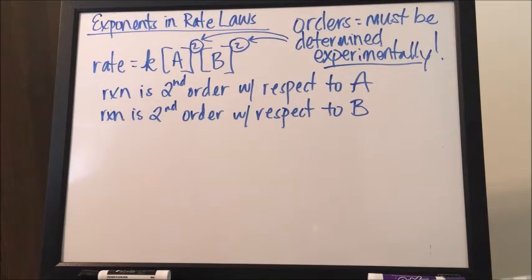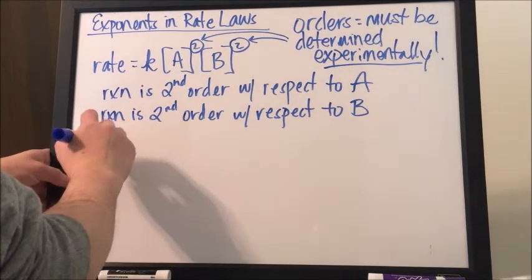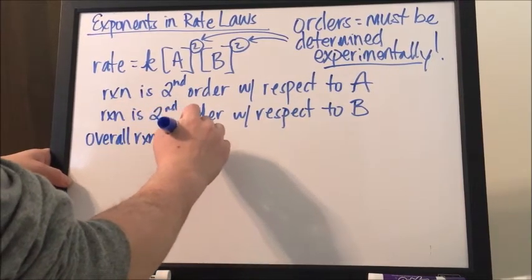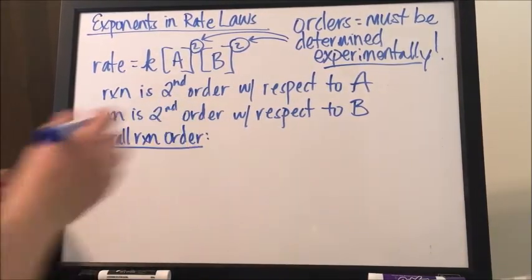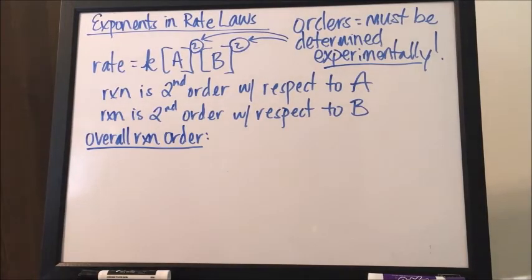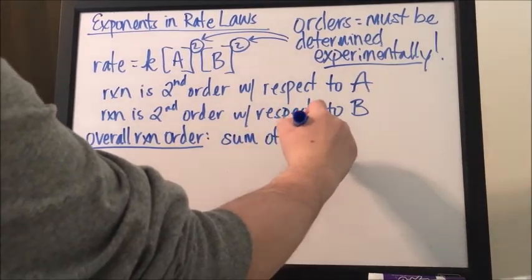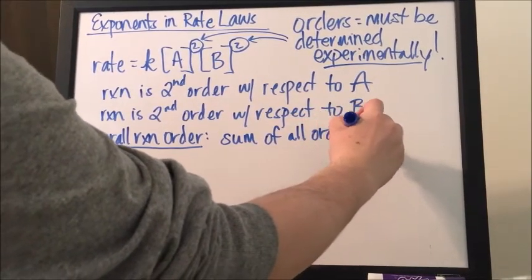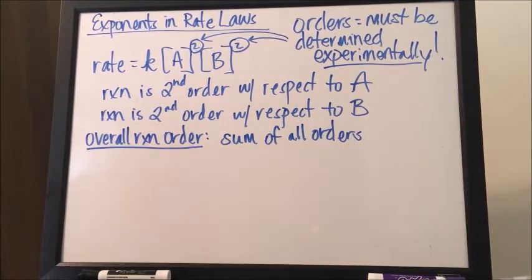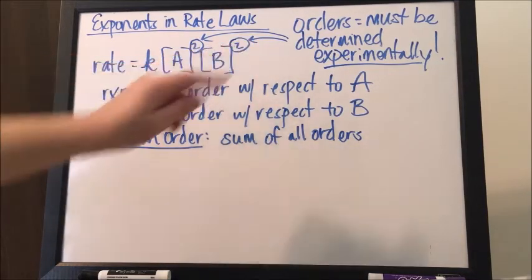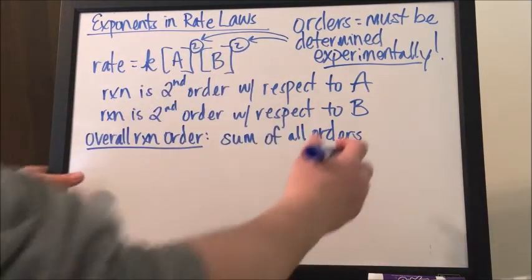But the third way I can discuss the reaction order is something called the overall. And if you had to guess, I'm sure you could guess what overall reaction order means. It's the sum of all the orders. So meaning it's a combination of the second order here and the second order here to give us 2 plus 2, of course, is 4.